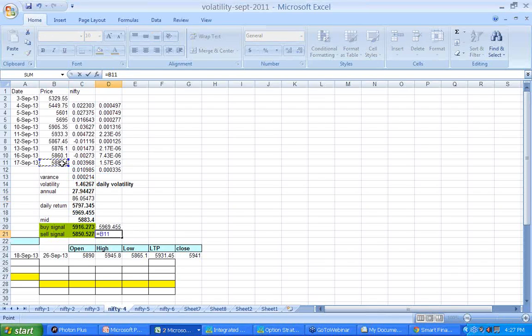In the same way, the minimum target level on the downside was expected here. You opened at 5890 on 18th September, the highest recorded was 5945, and the last traded price was 5931. So we have achieved partially, not the entire success.